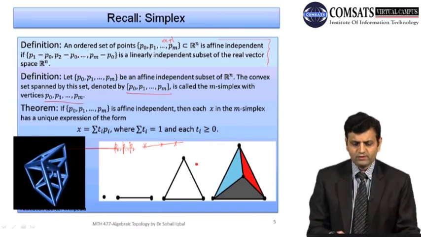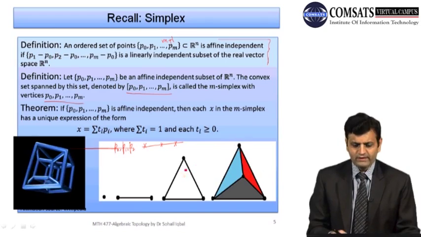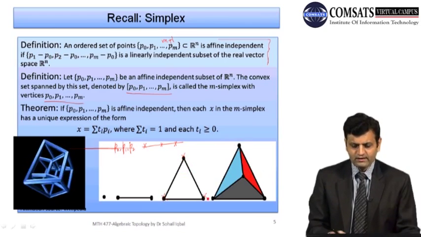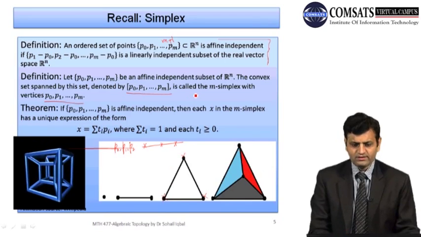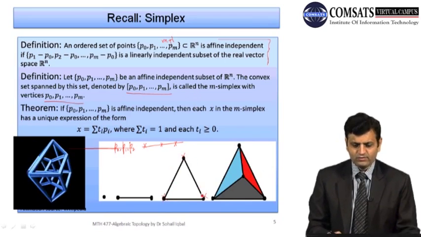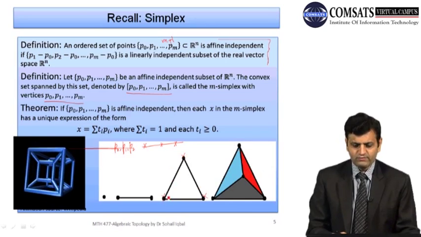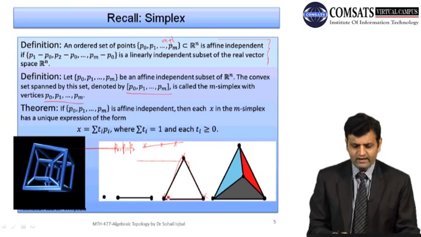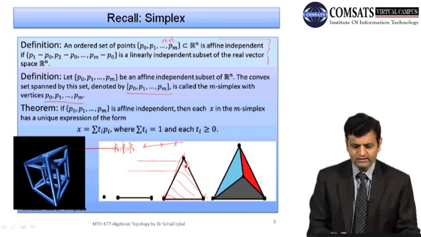Okay, so for example, if I have 3 points, consider this triangle. The smallest convex set containing these points will contain this line, and this line, and this line, and every line joining them.